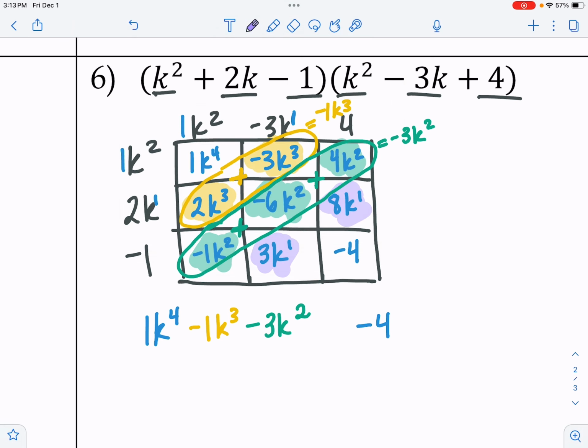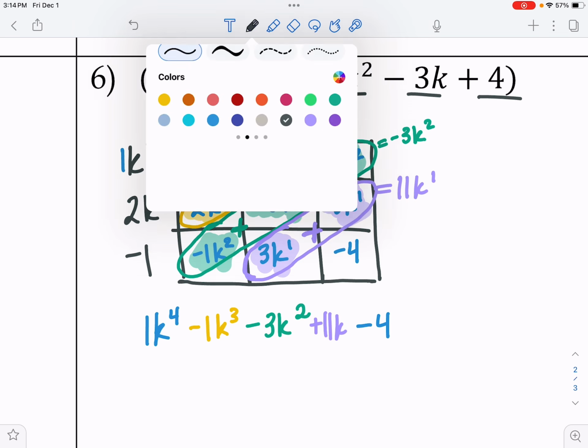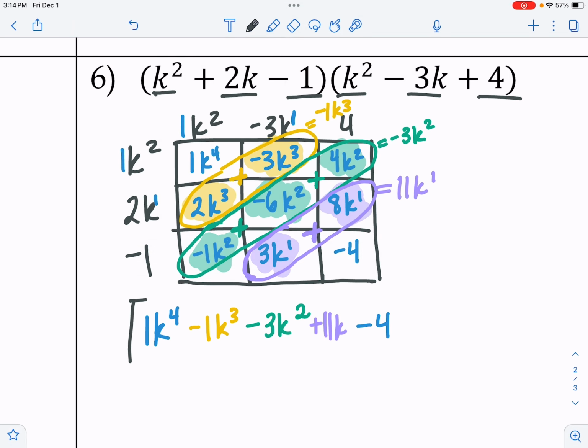And then for the k1s, I'm putting plus signs to remind you that we're adding now, not multiplying. That's why exponents aren't changing. That's why we can only combine like terms. 8 and 3 would give us 11 for the k1 term. Okay, and then for your final answer, you can get rid of the 1s. I'm going to leave it for the notes. And so this would be our final answer.